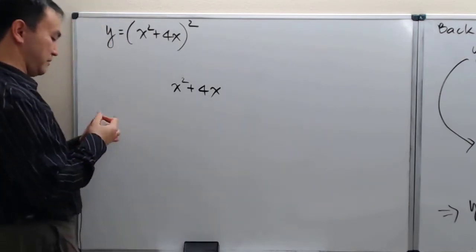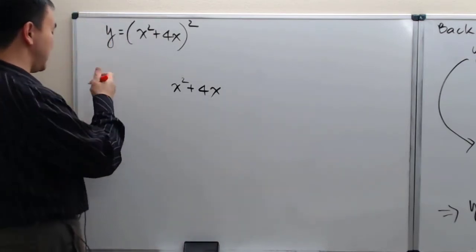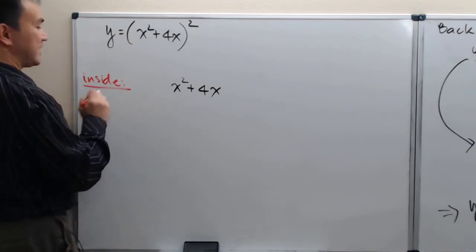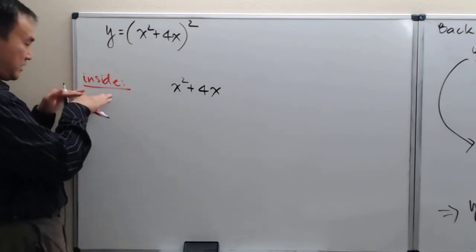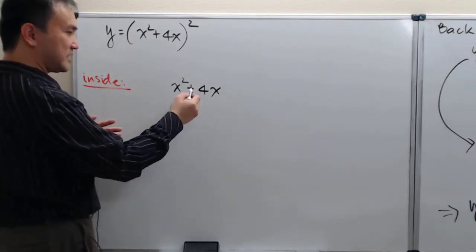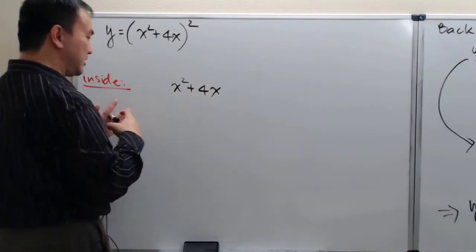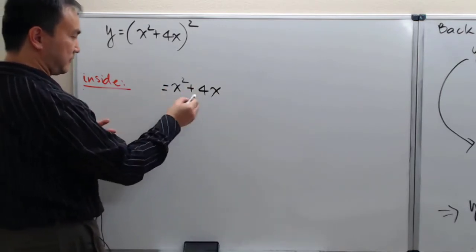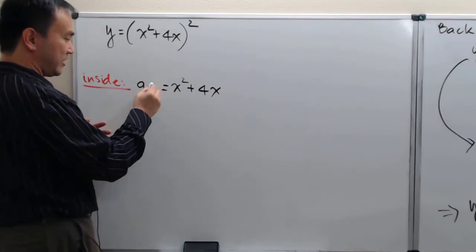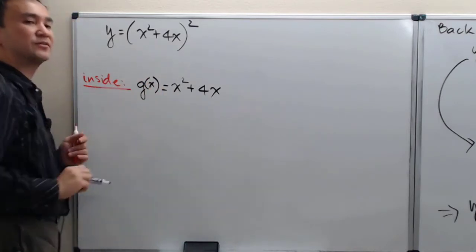So many professors, including me, also come to this habit that just clearly lists down the inside. See, we saw there's the inside here. And so instead of making a substitution, I can just regard this x squared plus 4x, instead of calling that u, as some function g of x.